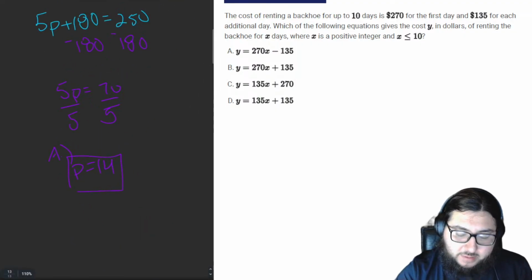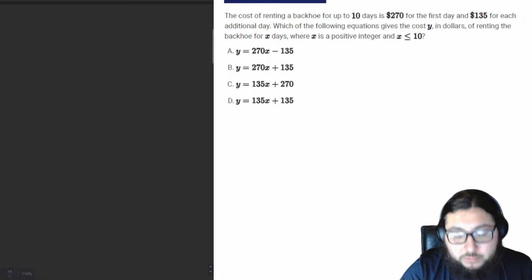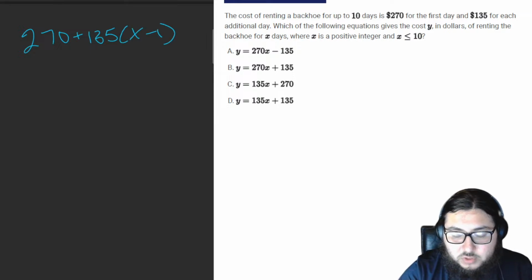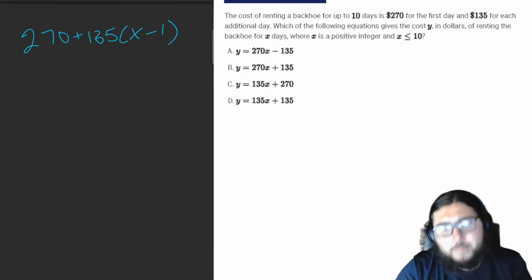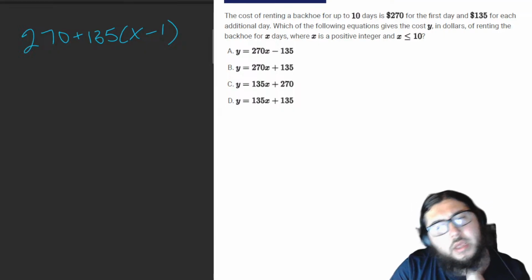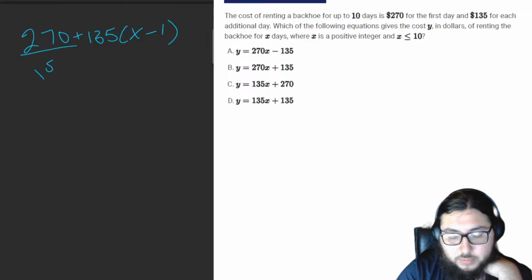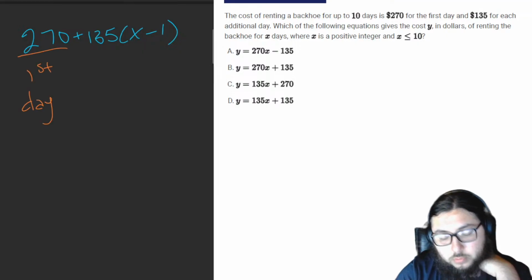Really, what we have is something in this form. Our first day we're charged $270. Every day after, we're charged 135 times not x, but x minus 1. For example, if we rent the backhoe for 3 days, then the first day we're being charged 270.